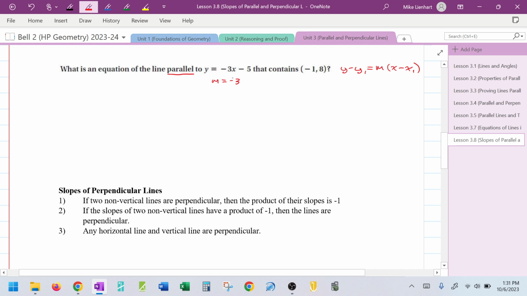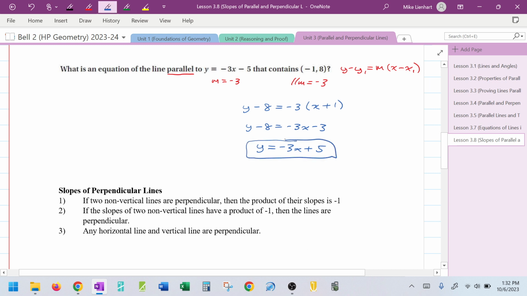I know my rules for parallel say slopes are going to be equal. So the parallel slope is also negative 3. If I use these two pieces of data, I can write the equation y minus 8 equals negative 3 times x minus negative 1, which would be x plus 1. And then distribute negative 3x minus 3 and move the 8, and I get y equals negative 3x plus 5.